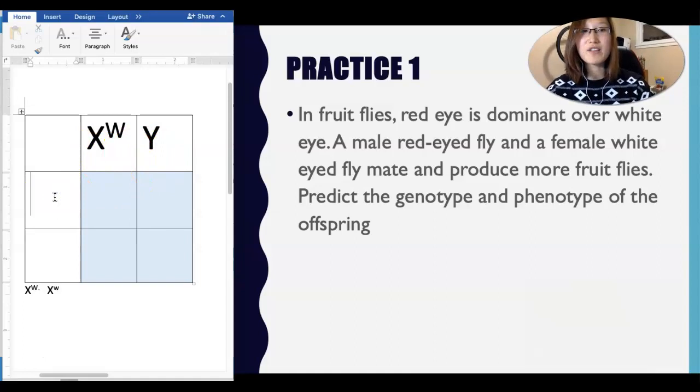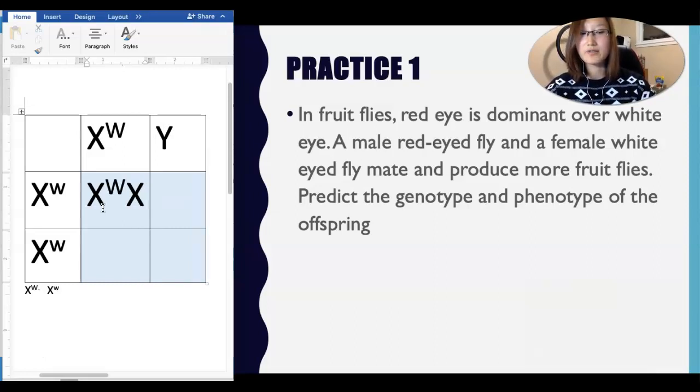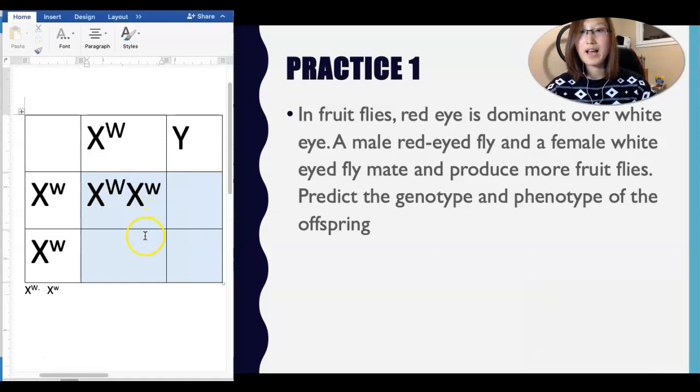And then we have mother, so female is white-eye. So the only way that you can get white-eye female, which is a recessive trait, is X little w, and then X little w again. Now you're just going to fill out the entire Punnett square the way you always do, but remember, you're still going to put the dominant allele in the front, and then the recessive allele after it, right?